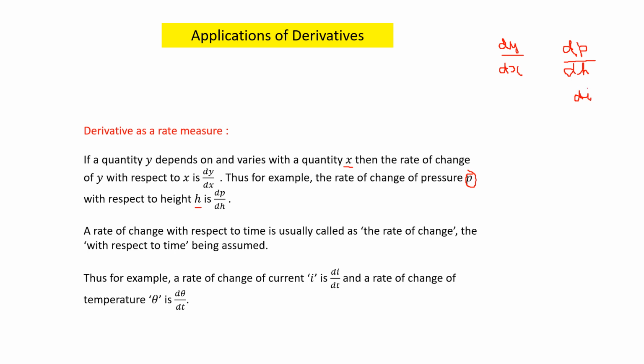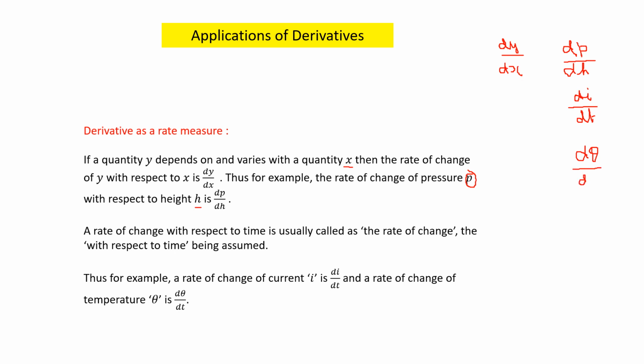If the other variable is not given, generally we will take the other variable as the time, that is dI by dt. Same way, if I am talking about the rate of change of temperature, and if I denote temperature as theta, then the rate of change of temperature with respect to time is denoted as d theta divided by dt.